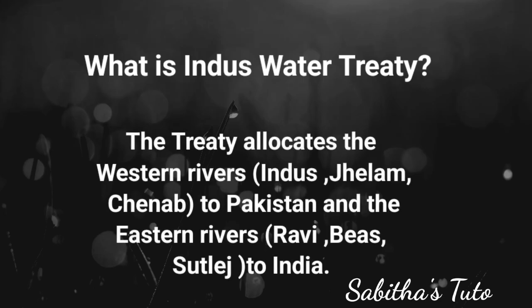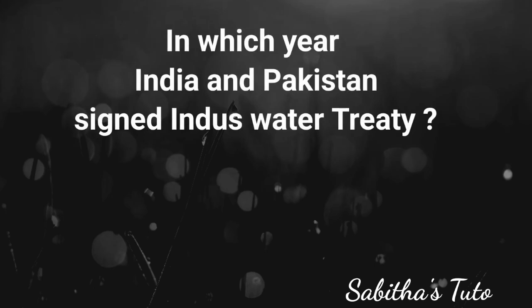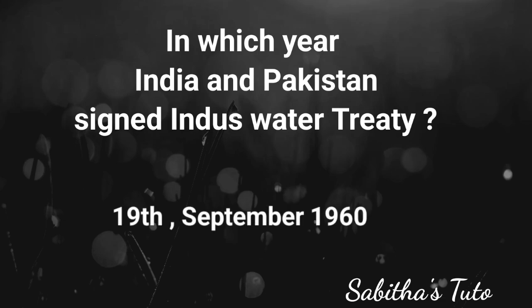The treaty allocates the western rivers Indus, Jhelum, Chenab to Pakistan and the eastern rivers Ravi, Beas, Satluj to India. In which year did India and Pakistan sign the Indus Water Treaty? 19 September 1960.